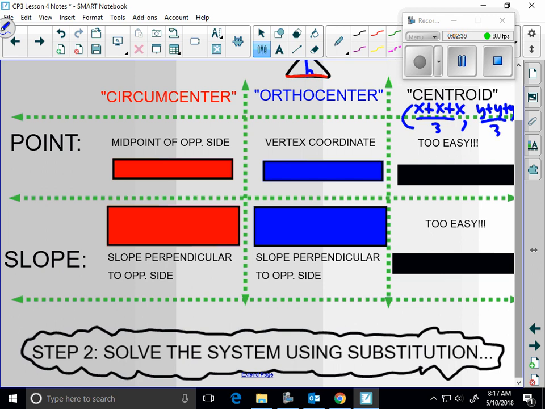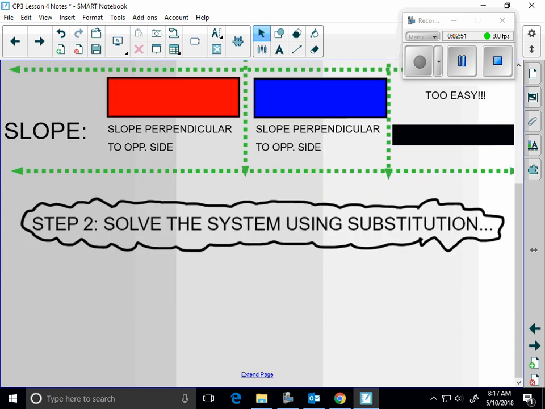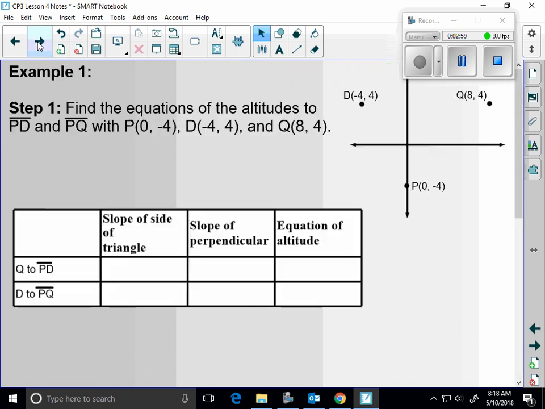That's how we'd find the centroid. We'd want 3 points to find that. So step 2 then would be use this method of substitution to find out where the lines cross. All right, so let's get started with an example.